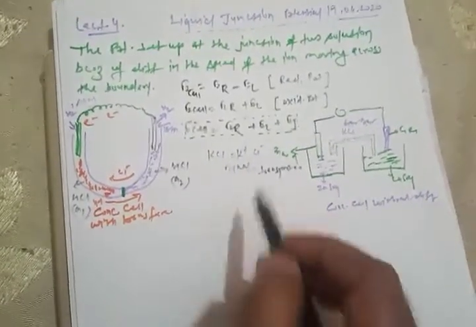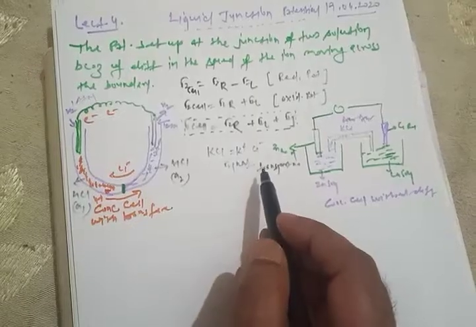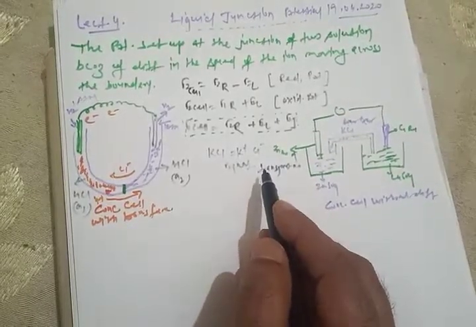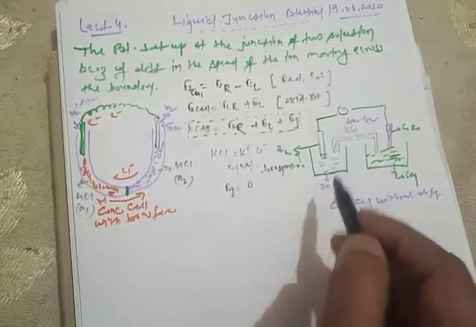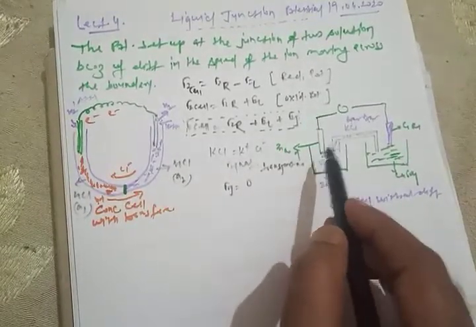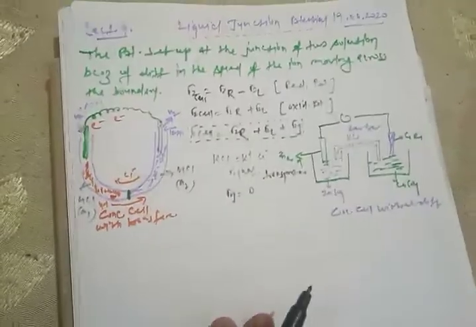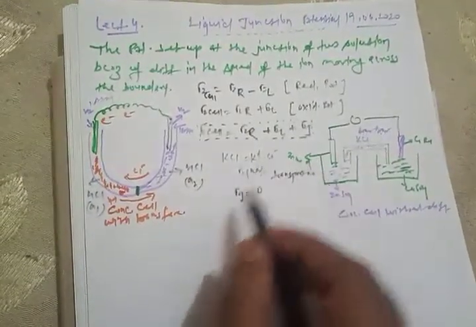So if the transport number is equal, the E_j, the liquid junction value, will be 0, because this transport number is equal to this transport number. So ultimately this value becomes 0.